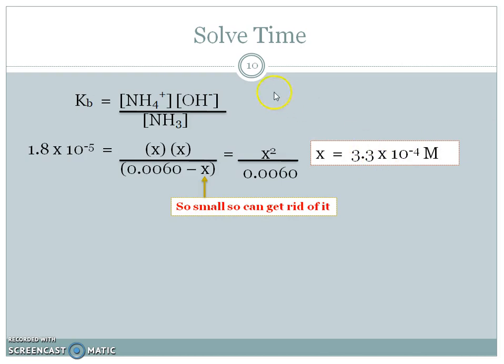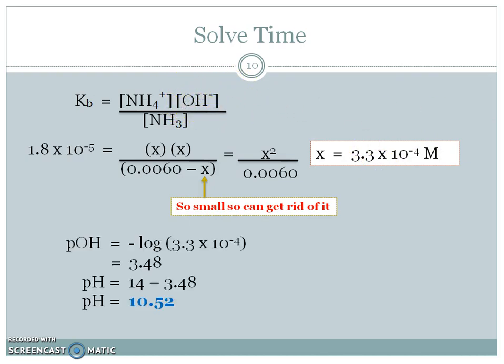Again, what does this represent? This represents the hydroxide ion. So now we can just plug it into our pOH equals negative log of our OH minus concentration. Remember, we need to subtract that pOH value from 14 to get an answer of 10.52.